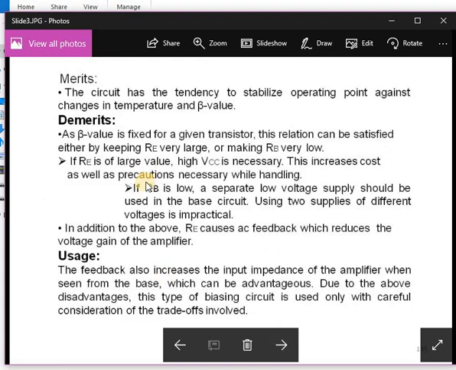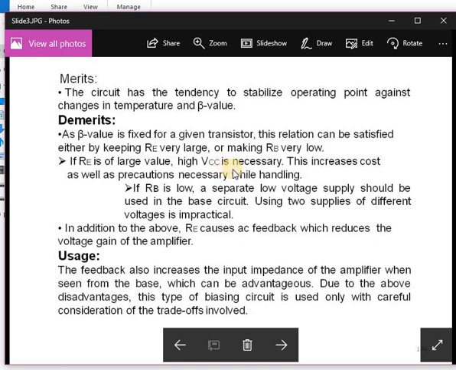But due to the increase in the emitter resistor value, that is, when RE is of large value, high VCC is necessary. If we increase the emitter resistor, it requires a high power supply.